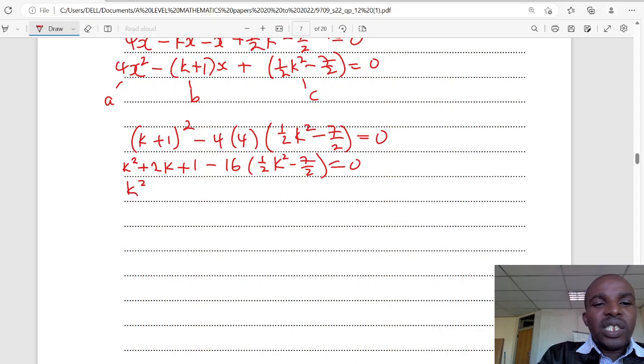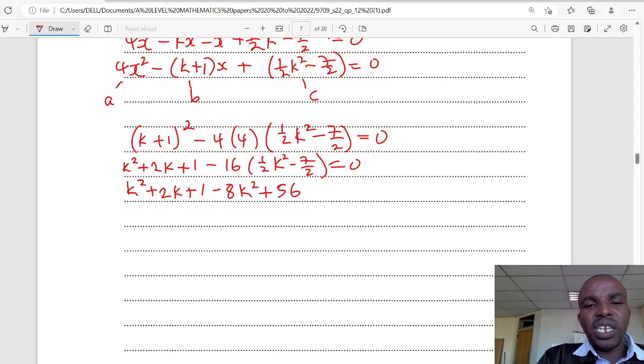Remove the bracket. It will be minus 8k squared, then plus 8 times 7, which is 56. So it's plus 56 here, then it's equals to 0.